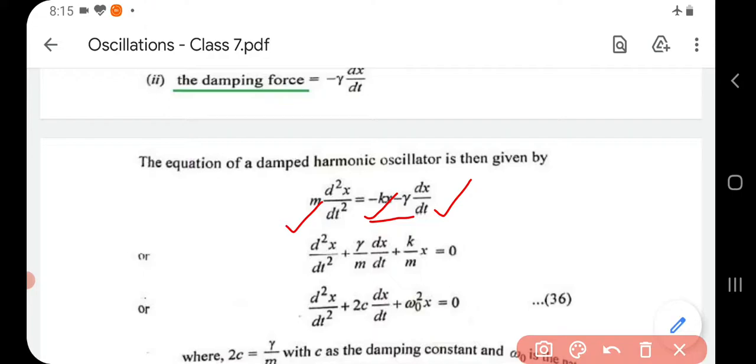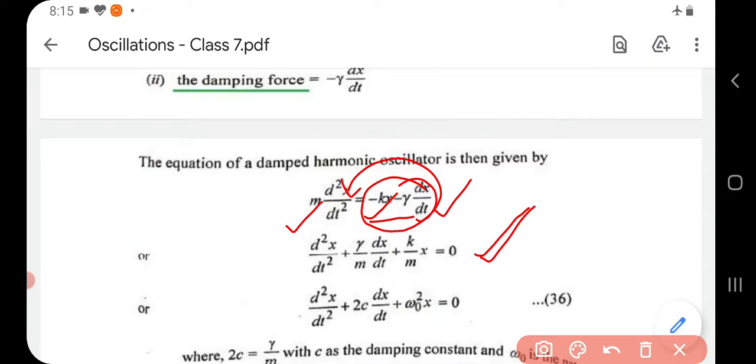Now you take all the terms in the RHS to the LHS and then divide throughout by m. Then you will get an equation like this.